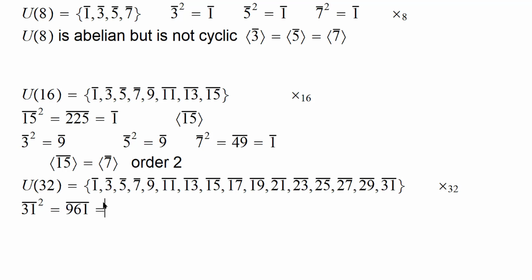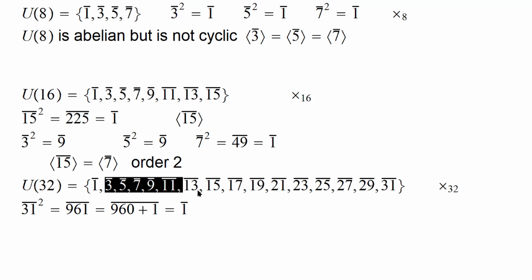And of course, this is modulo 32, so you can easily see 32 times 30 is 960. So it's 960 plus 1, and that's going to be simply how much? 1. All right. Now, we are not going to waste our time looking at the orders of these.